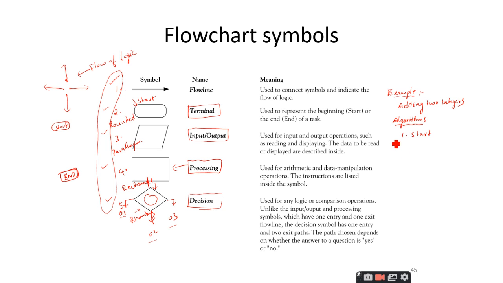The algorithm also starts with start only, right? Step 1 is start, and step 2 is you have to declare 2 variables. I will tell you what these variables are later, and why we require this declaration, what this declaration is and what this definition is, everything I will tell you. Step 3 is input 2 values.